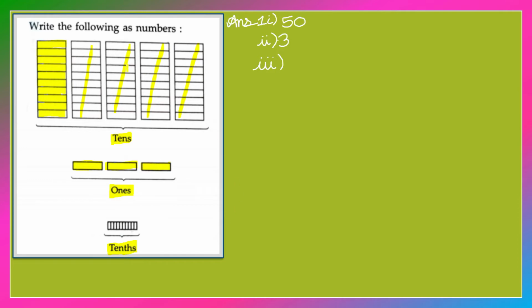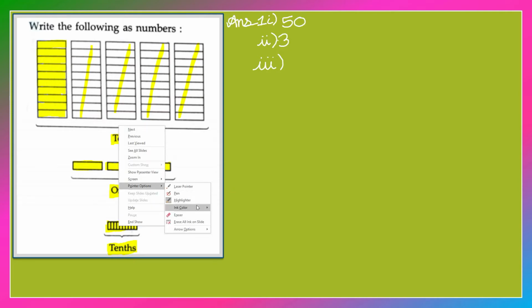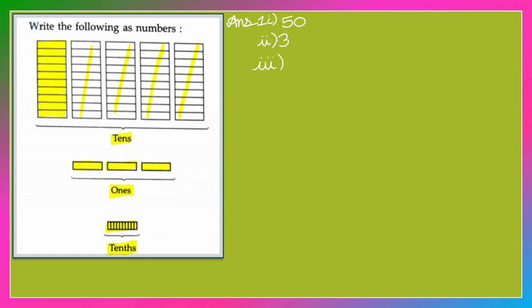In the first part one block represents 1/10 value, in the second part one block represents 1 value, and in this third case this whole one block represents a tenth of a number, that is 1/10. So the answer for the third part would be tenths only, that is 1/10. The answer would not be 1 because this whole thing is a tenth. That's why. We have solved this question now.